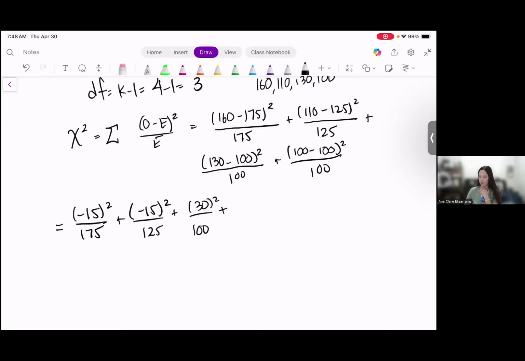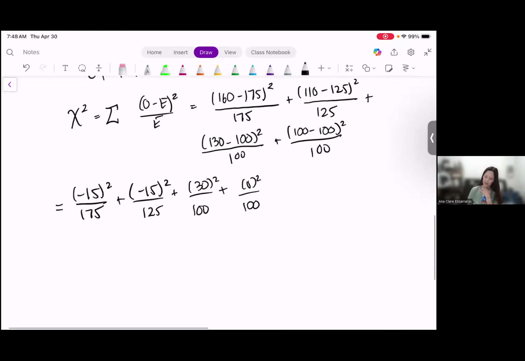Plus 100 minus 100 is 0, which we're going to square. -15 squared is 225 over 175. 225 over 125, 900 over 100 plus 0.